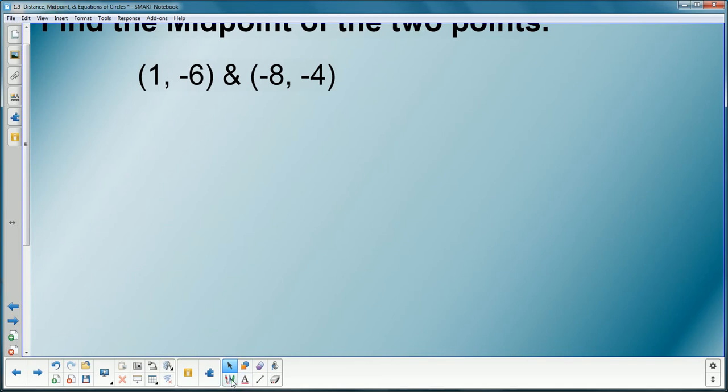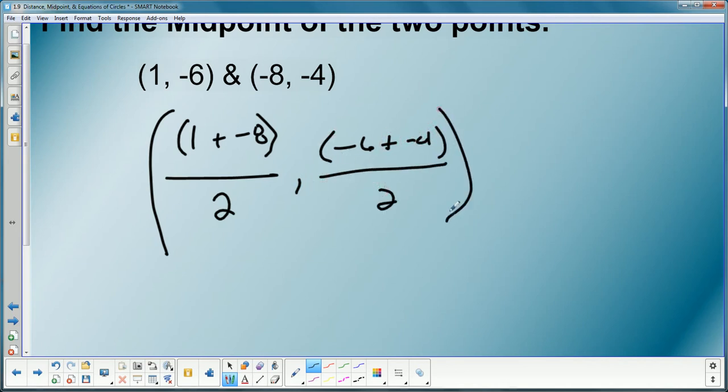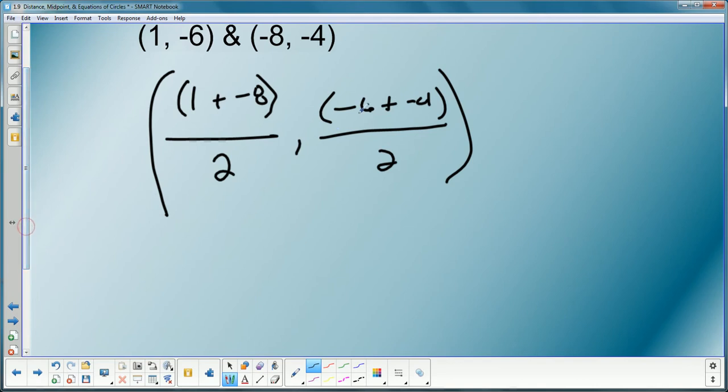So an example for this one, I'm going to take my x's, add them together, and divide by 2. And it really doesn't matter what order you put your x's in. The other thing, plugging into your calculator, we need to remember that there needs to be parentheses around there. And then I'm going to add my y's together and divide them by 2. Again, I included my parentheses here.